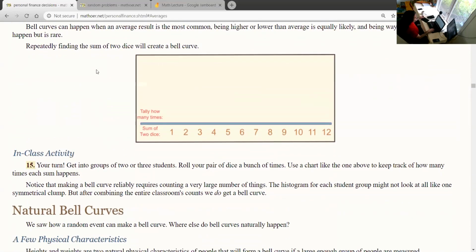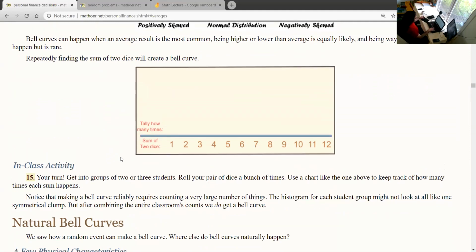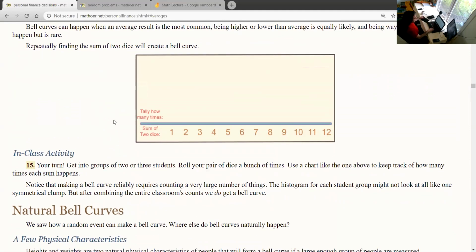Okay, we're going to find the sum of two dice and make a bell curve. If you have two six-sided dice, then you can go grab some. If not, I'm going to show you how to do that on the computer randomly. So if you don't have two dice, then open a new browser window and make a Google Sheet.